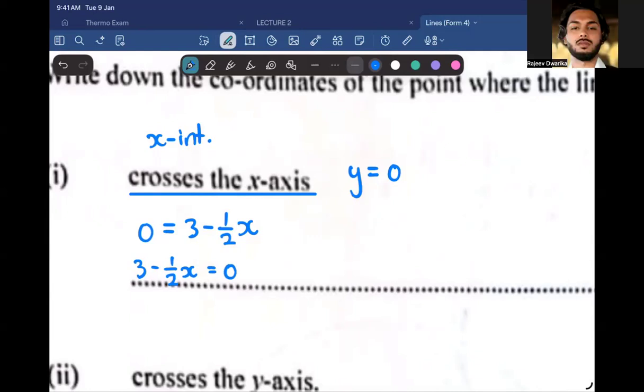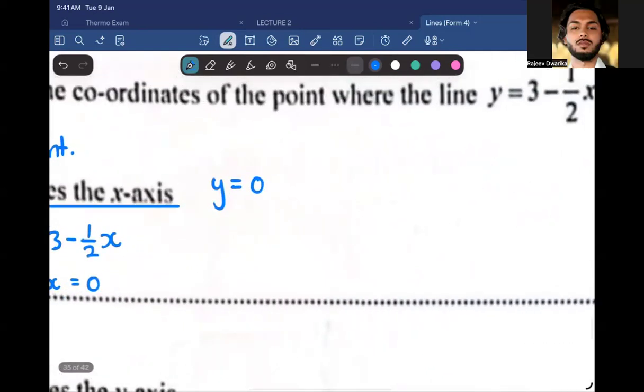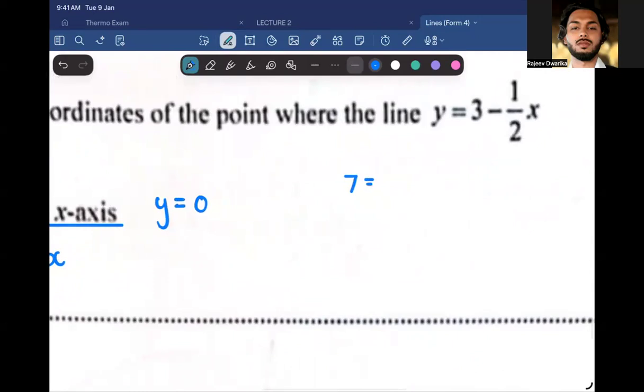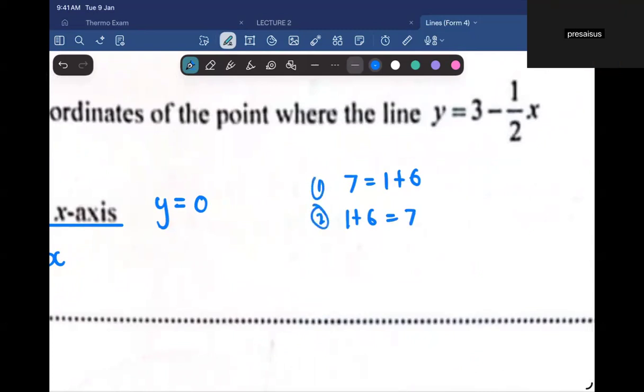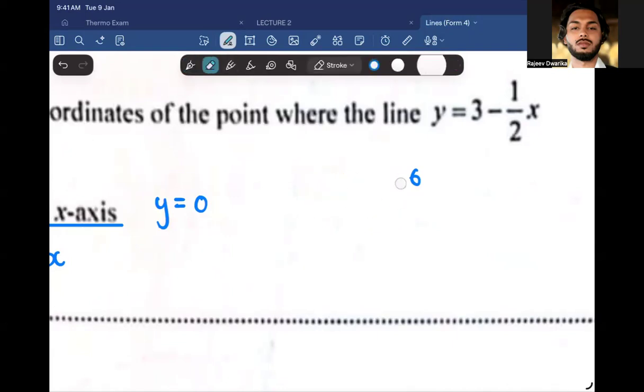All right, check this. If I write 7 is equal to 1 plus 6, and then I write 1 plus 6 is equal to 7, are these two the same thing or are they different? Same. It's the same concept over here.